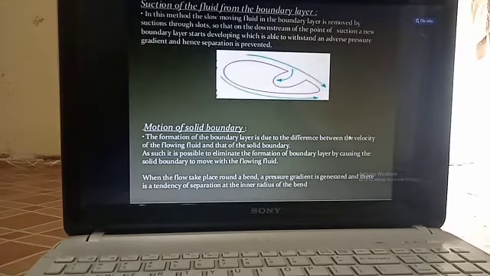Now the second one is suction of the fluid from the boundary layer. In this method the slow moving fluid in the boundary layer is removed.